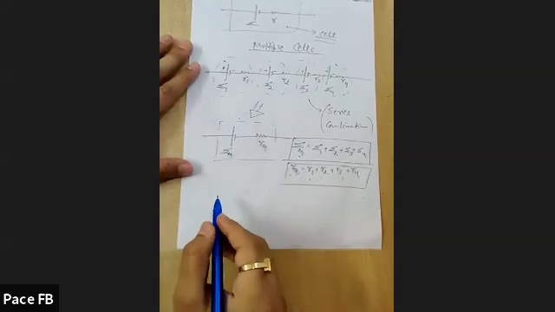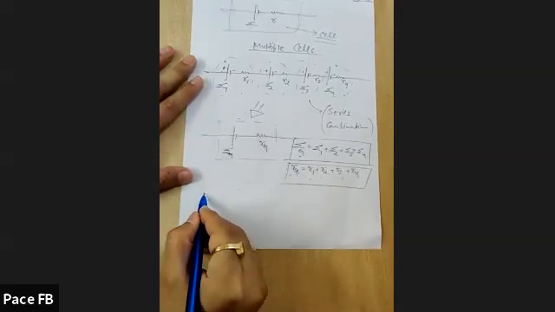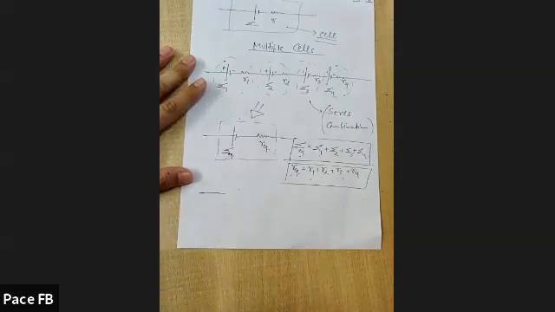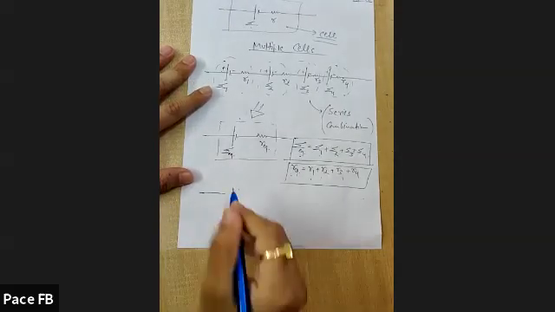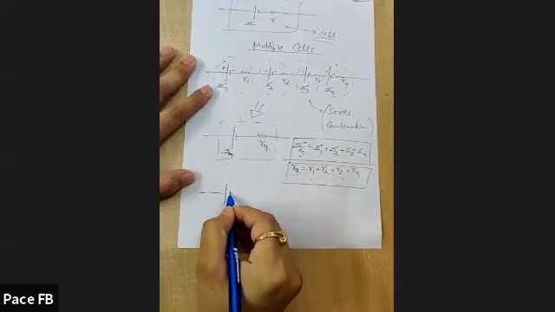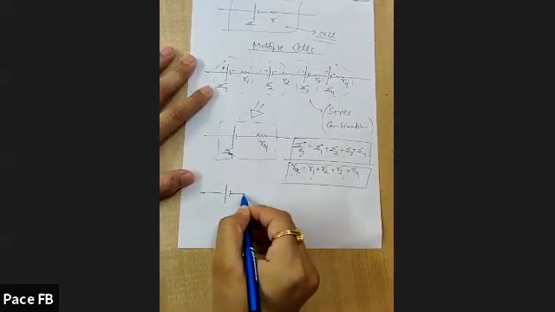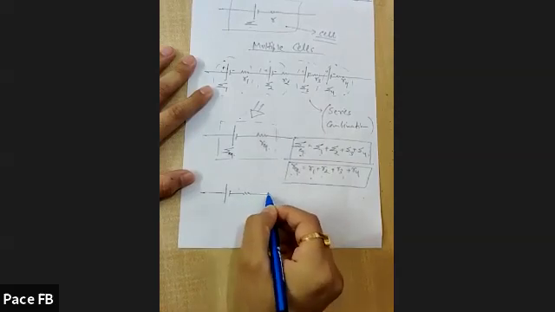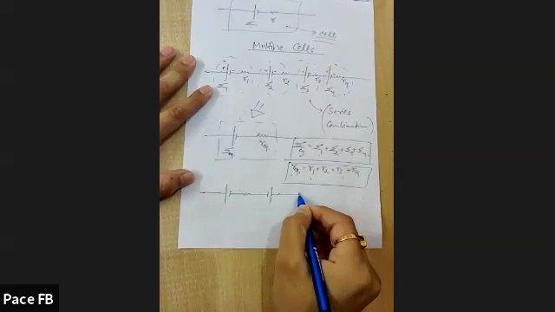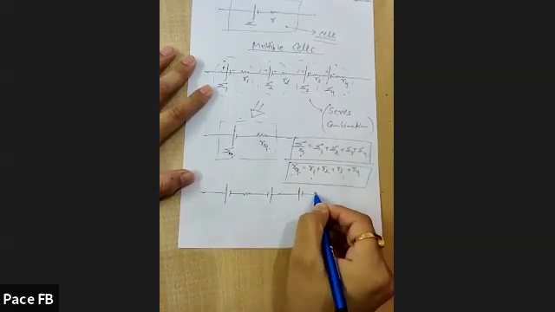Now let's say terminals are like this. If terminals are like this, let's say this one, then negative, positive, and then again positive, negative, like this.